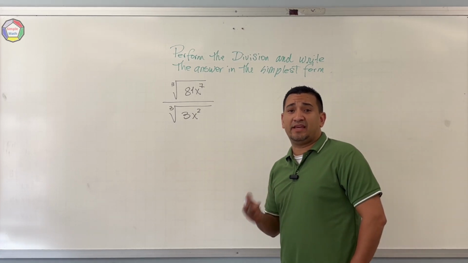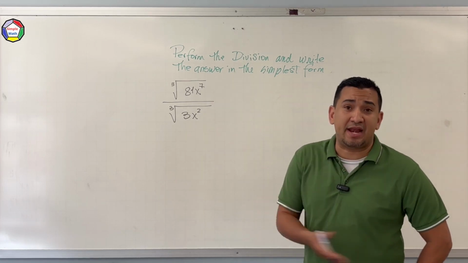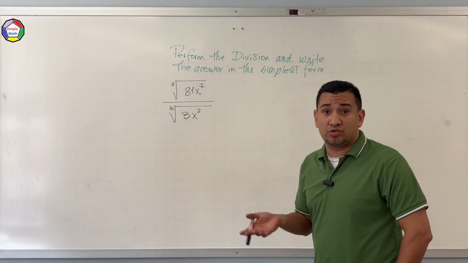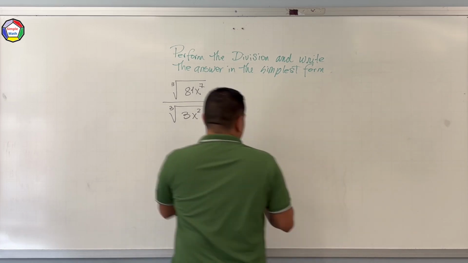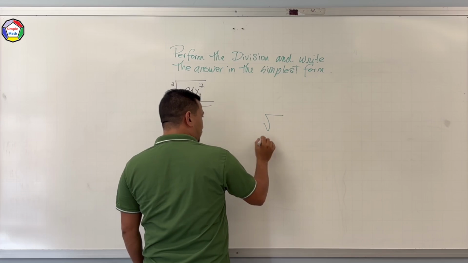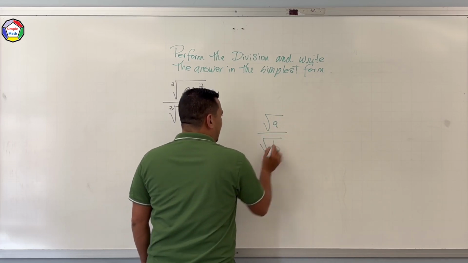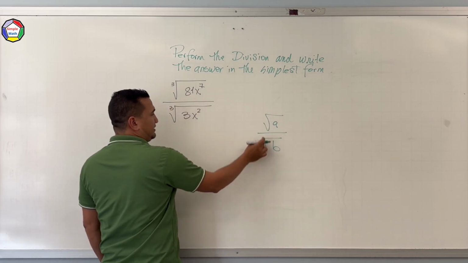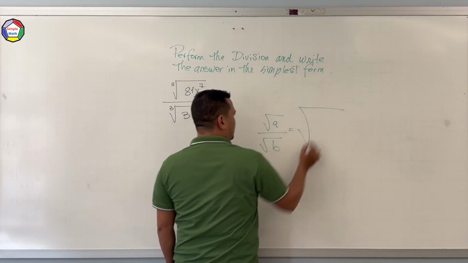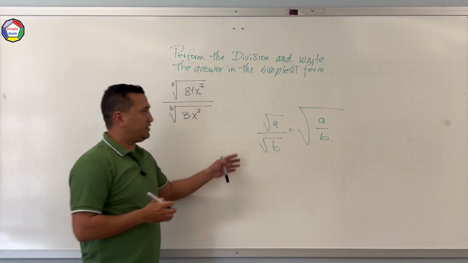This is a set of videos that consist of several explanations about dividing roots. To divide roots, I'm going to use the following property. This is a property of roots that says that when we have a root and another root, and both roots have the same index, I can say that this is equal to the root of A over B. So I can play with this property.